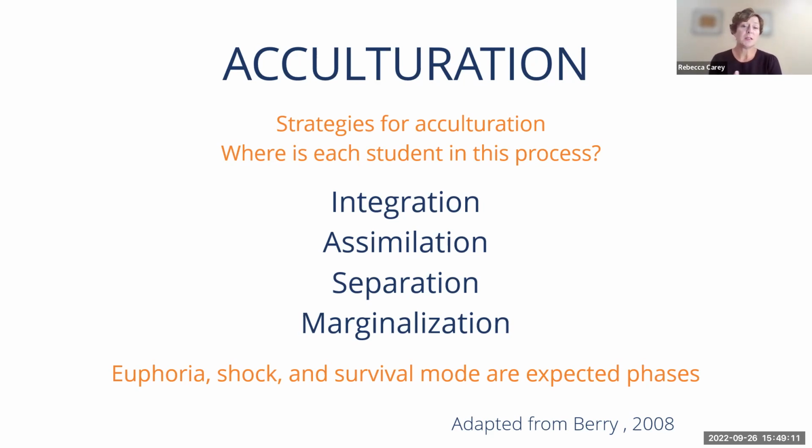Phases that are often seen during these different strategies are euphoria, so excited to be here, loving everything about your new culture; shock, you're not really knowing how to interact with the new culture; and survival mode. These are all different phases that we can expect our students to go through.